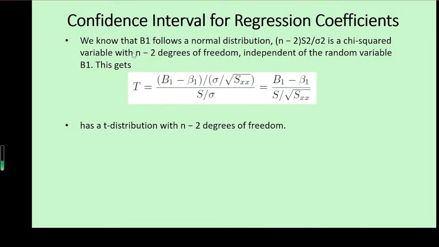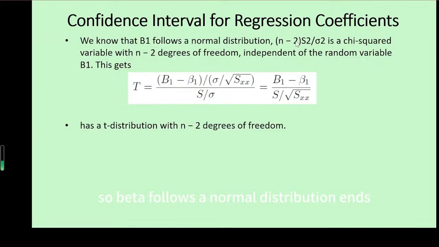That's why b1 is also random. So for different x and y, if we do the experiment again, we can get a different value of beta 1.